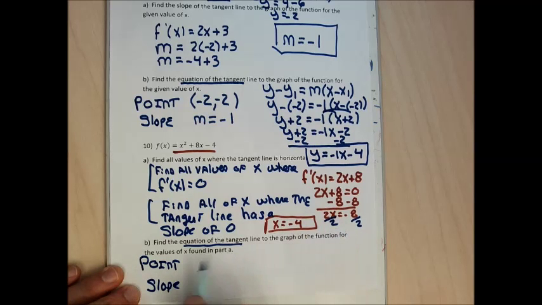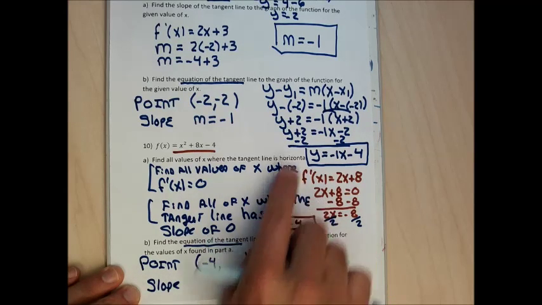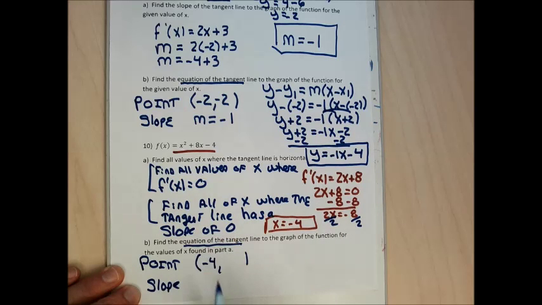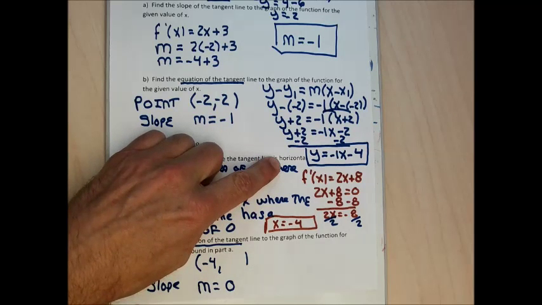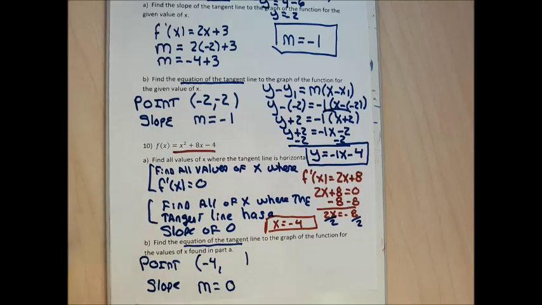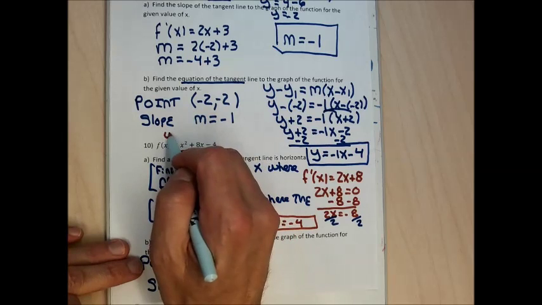The x-coordinate of my point is going to be -4. And because I'm finding an equation of a horizontal line, and horizontal lines have 0 slope, the slope of my line is going to be 0. That's the kind of tricky thing that was not given but implied by the word horizontal. I need to get the y-coordinate of my point, and I'll get it by plugging in -4 for this x.